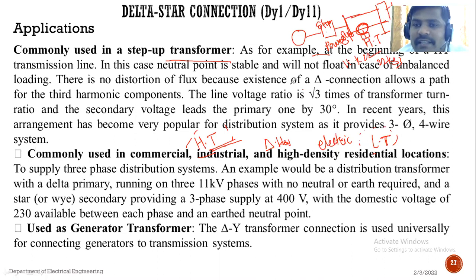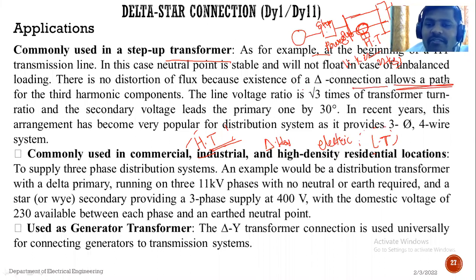If there is unbalanced loading on the HT consumer or HT side, there is no flux distortion due to the delta connected primary side, because of the existence of the delta connection.